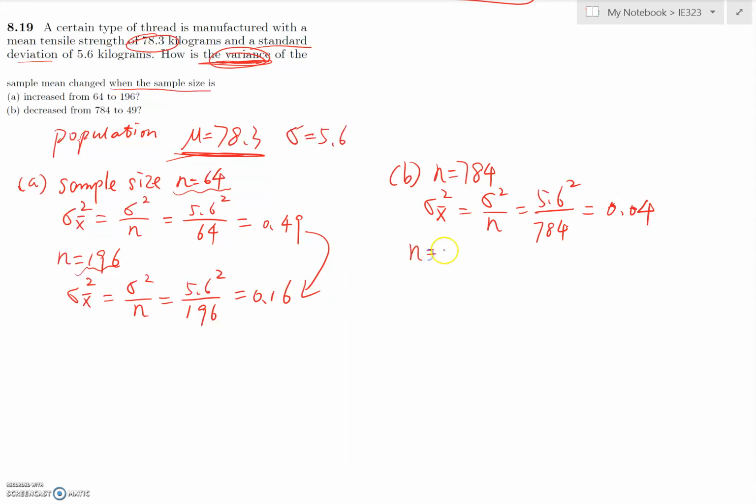And for n equals 49, sigma x bar squared equals sigma squared divided by n. It's 5.6 squared divided by 49. This equals 0.64. So when the sample size changed from 784 to 49, the variance will increase from 0.04 to 0.64.